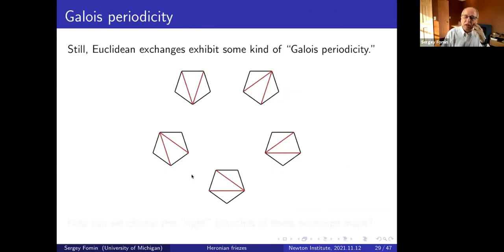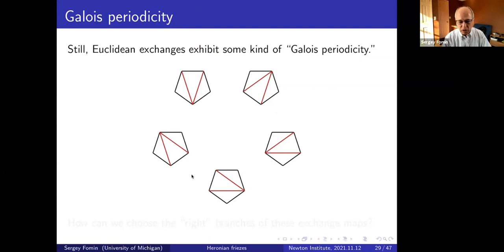Well, it looks like it's kind of bad, but it's not so bad, right? Because if we choose the right branch among the two, then let's say in the case of real things happening on the plane, one of the choices will give us periodicity. It is subject to some Galois theoretic choices that we have to make in advance, but it's easy to convince yourself that even over the complex numbers, if we do this flip and choose the right branch, and then this flip again choose the right branch, like take analytic continuation in the vicinity of the right choice for the real picture that you see on the screen, right?